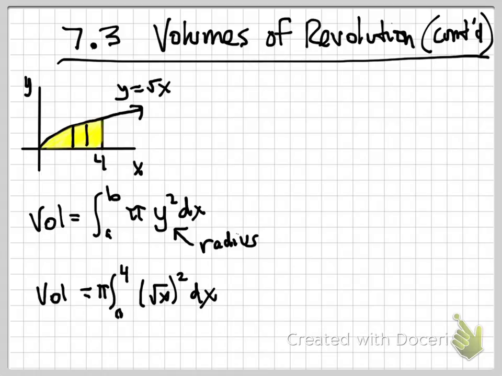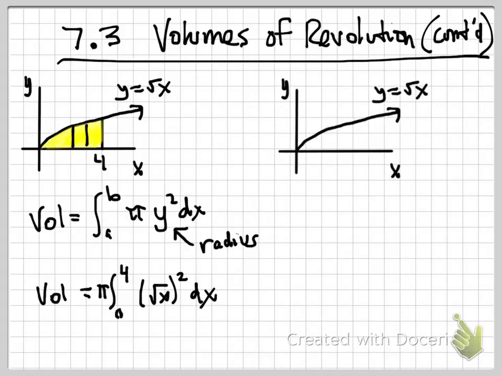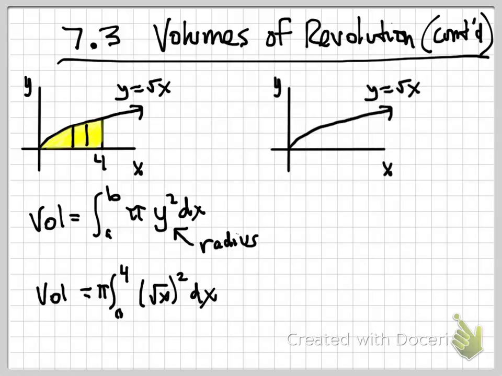So we're going to put a little bit of a different spin on this now. We're going to spin this curve around the y-axis this time. So where are we going to go? Before we chose from 0 to 4, I'd like to choose this same point there, and that happens at a y value of 2.